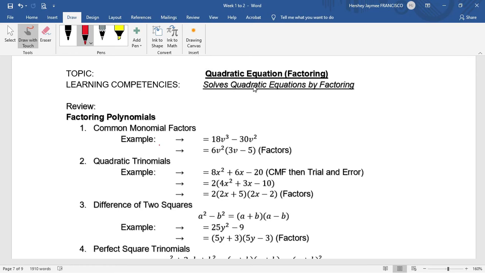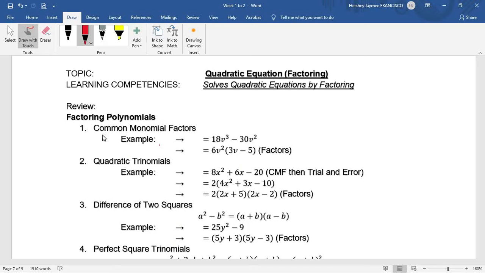Bakit ko to ipinakita sa inyo is para ma-review nyo, kasi itong mga topic na to ang importante sa pag-solve ng quadratic equation using factoring. At least ma-recall nyo ano yung mga factoring or ways to factor polynomials.